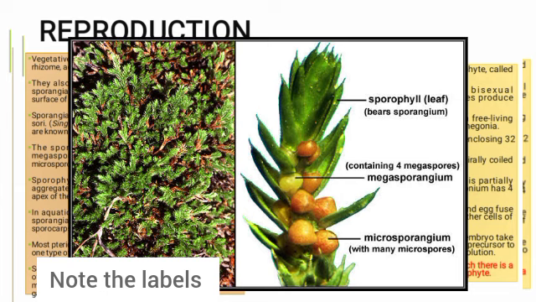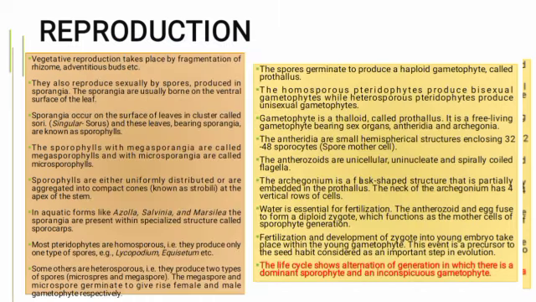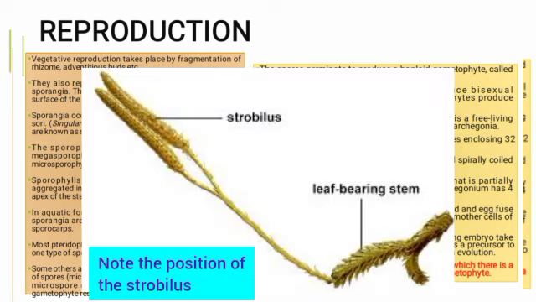The sporophylls with megasporangia are called megasporophylls, and those with microsporangia are called microsporophylls. Sporophylls are either uniformly distributed or are aggregated into compact cones called strobili at the apex of the stem.